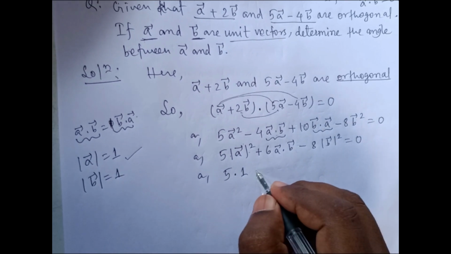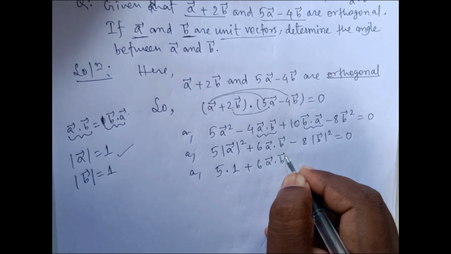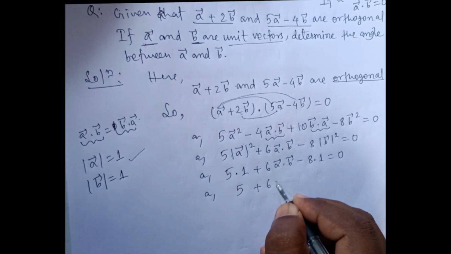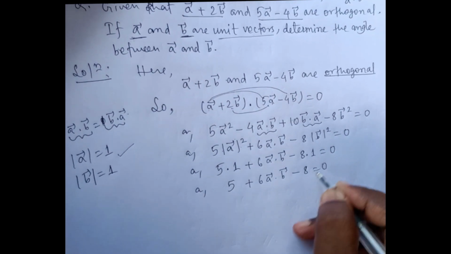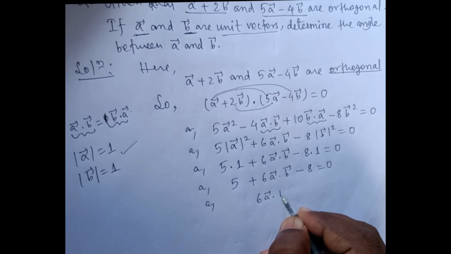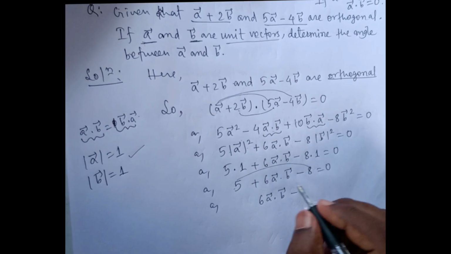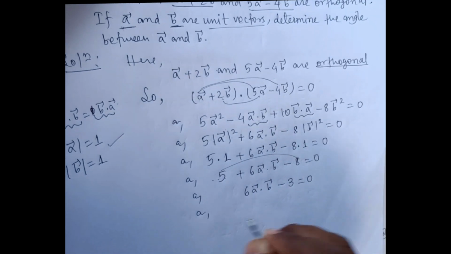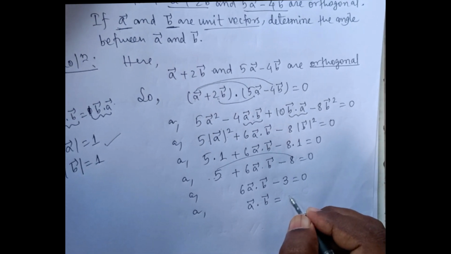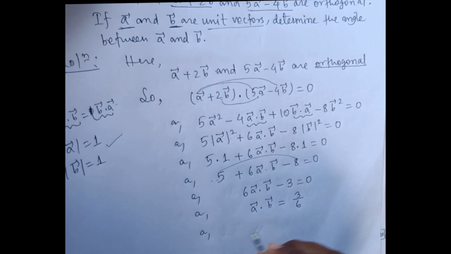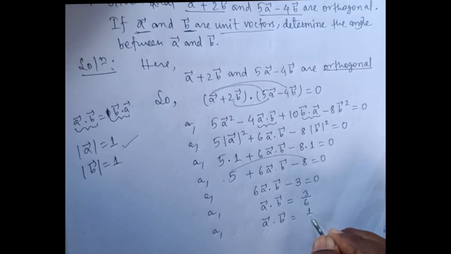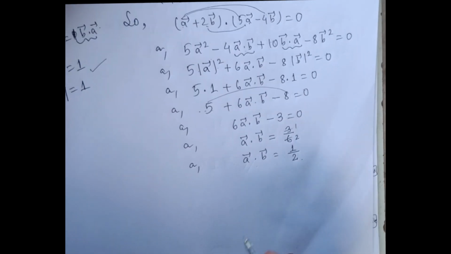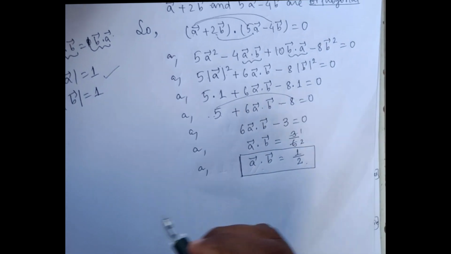So we can write 5 times 1 + 6a·b − 8 times 1 = 0, so 6a·b + 5 − 8 = 0, which gives 6a·b − 3 = 0. So a·b = 3/6, that is 1/2. So we got the value of a·b as 1/2.